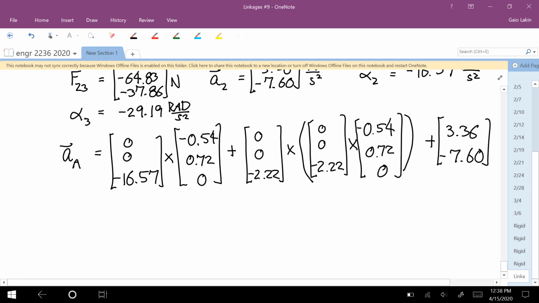And when you put all that together, you get an answer for the acceleration of A of 17.95, negative 2.20 meters per second squared.